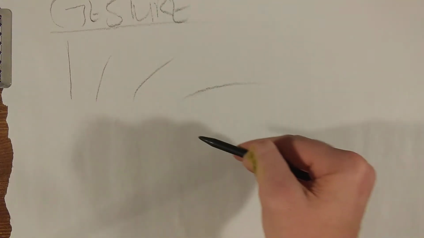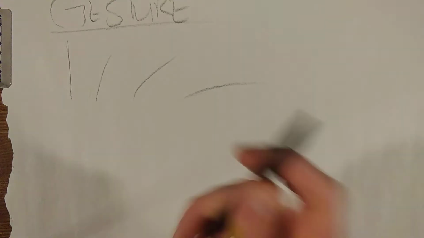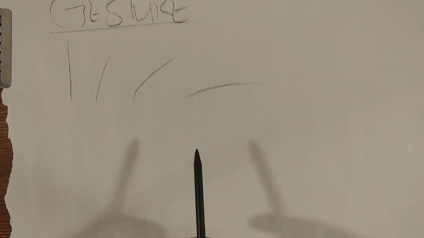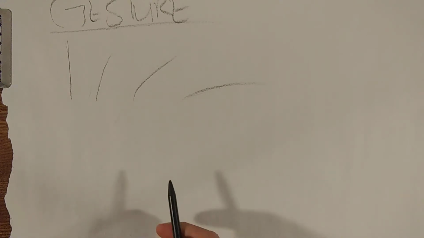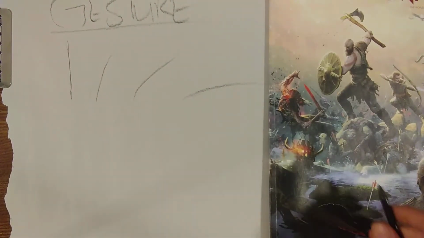Whenever you're looking at a subject, you want to avoid copying what you see, and instead you want to analyze what you see. So, for example, take any old, I just happen to find this. So this has a nice pose on the front.